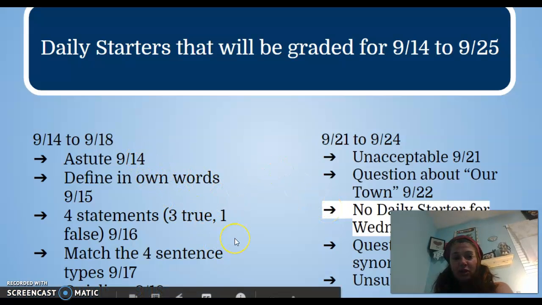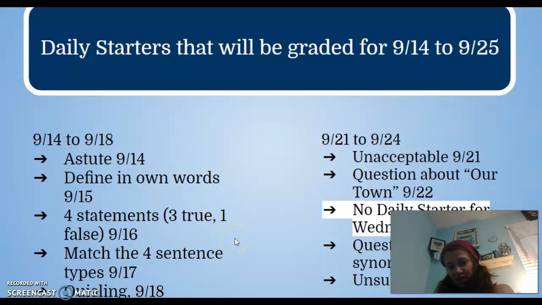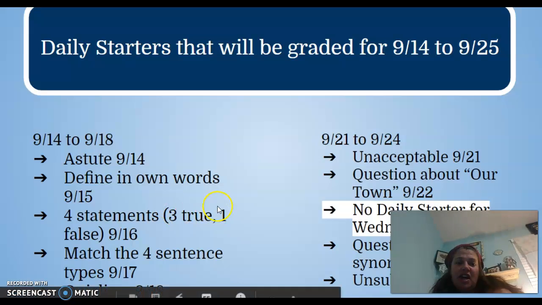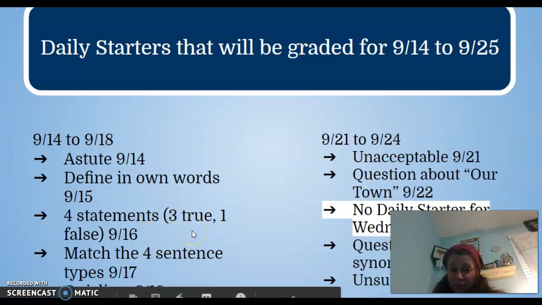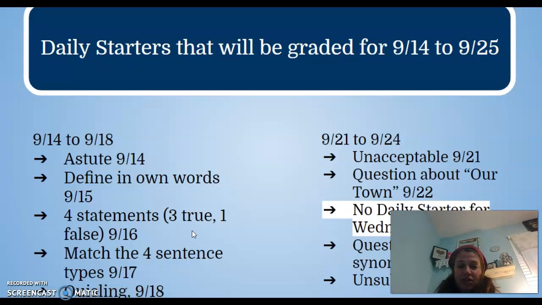So like the vocabulary words, you need to have the vocabulary word, the part of speech, the definition, and your sentence. Other than that, it's pretty flexible this week. I didn't really put in too many criteria for how to set up your daily starter. So this will be in the module, so you can go in and look.